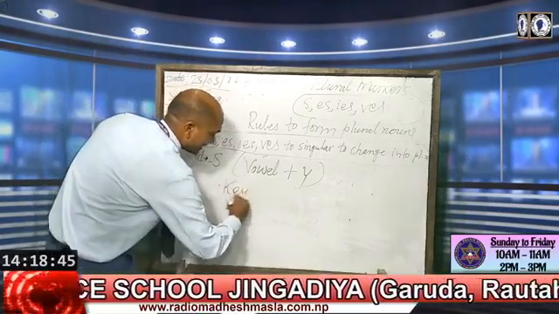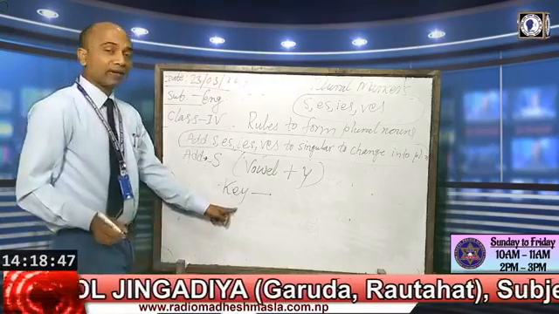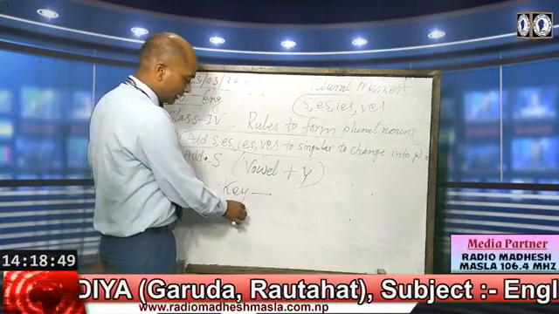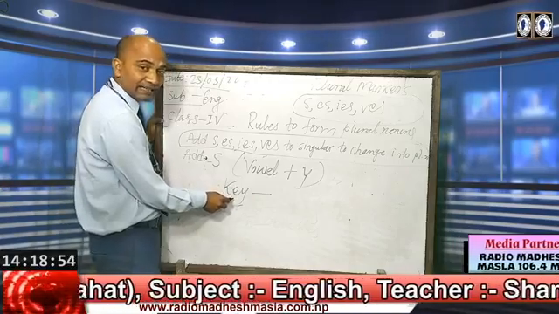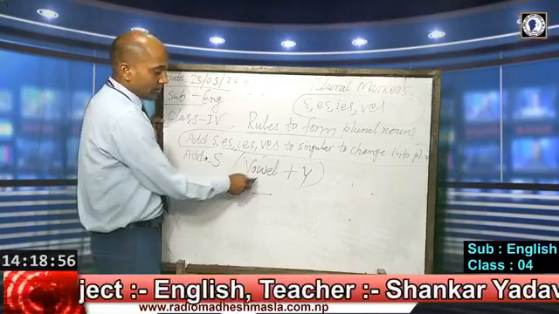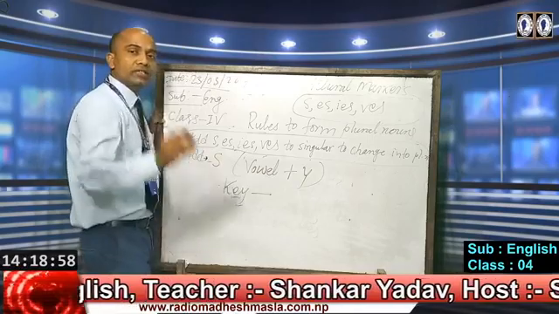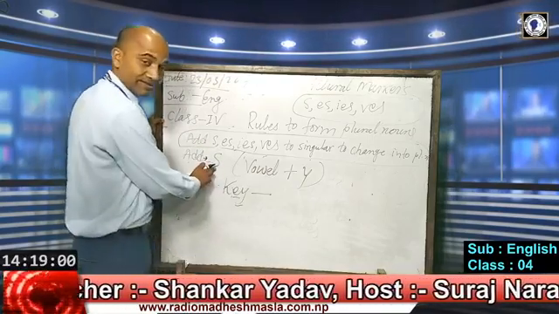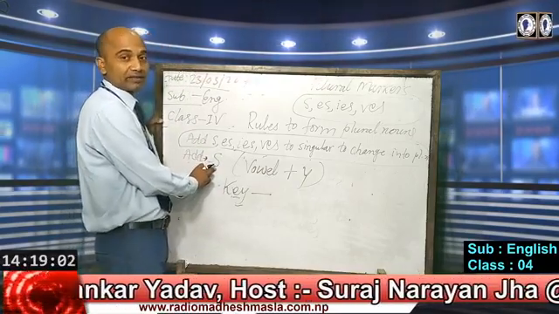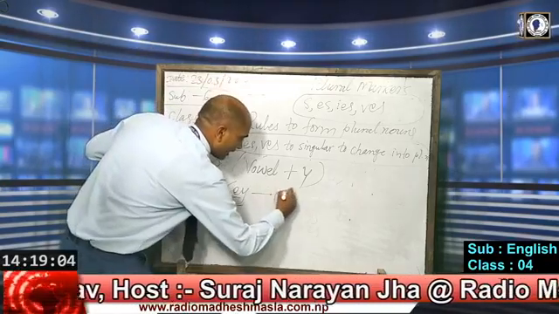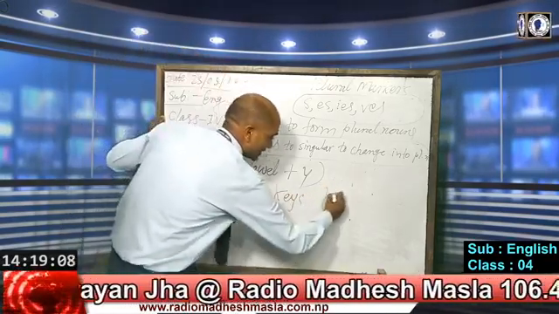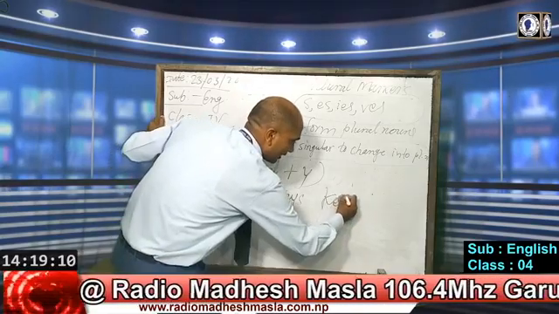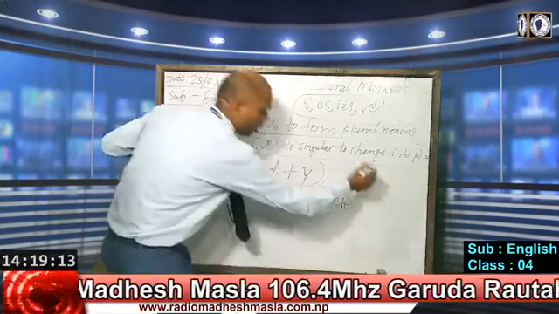K-E-Y, key. Here you can see at the end of the word there is the letter Y, and before that you can see a vowel. So in this case, vowel plus Y, we just add S, not I-E-S. K-E-Y-S, keys. If you write K-E-I-E-S, it will be wrong.